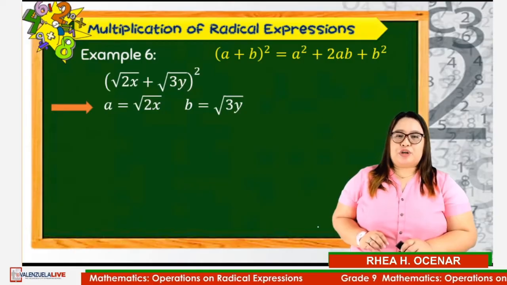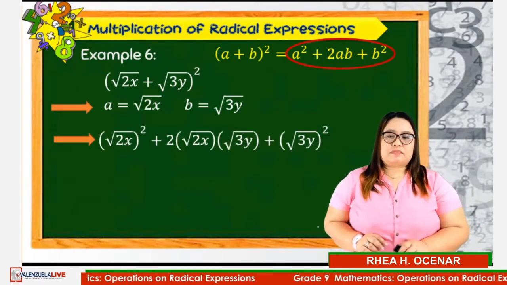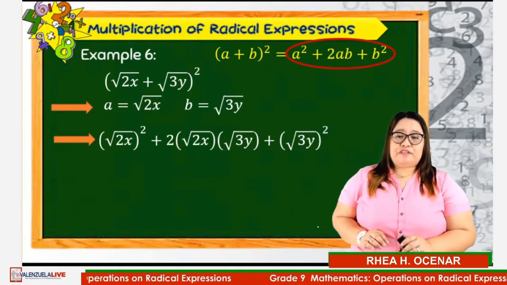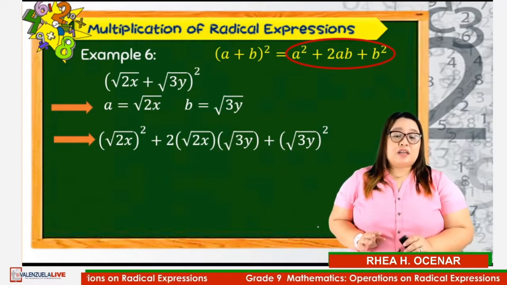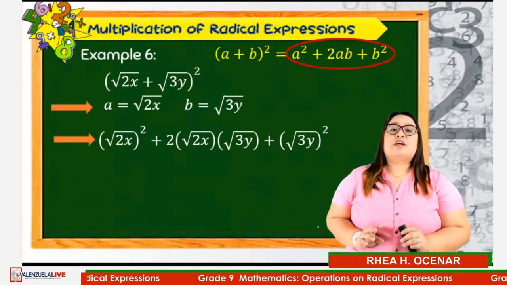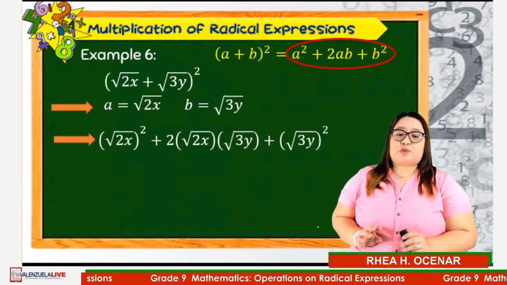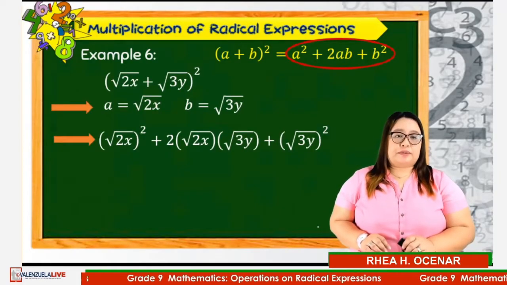By substitution, we have the quantity square root of 2x squared plus 2 times square root of 2x times square root of 3y plus the quantity of square root of 3y squared.